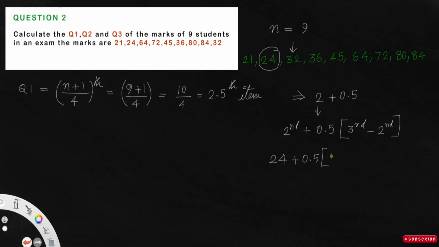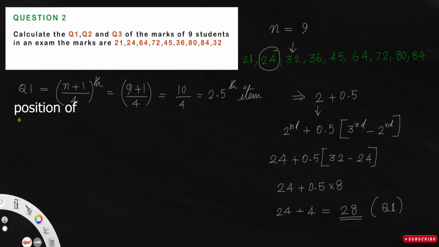This is the third one. 32 minus 24. So 24 plus 0.5 into 32 minus 24, which is 8. So 24 plus 4, which is equal to 28. So the first quartile is 28.